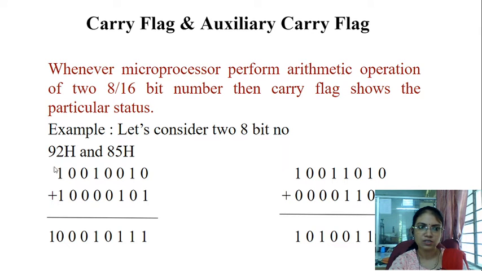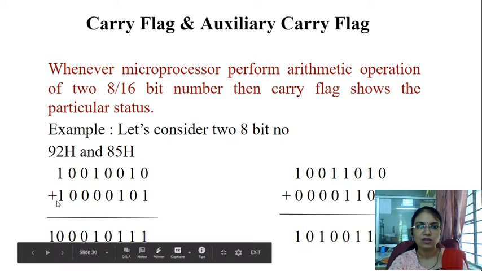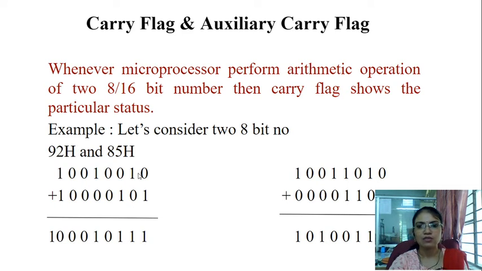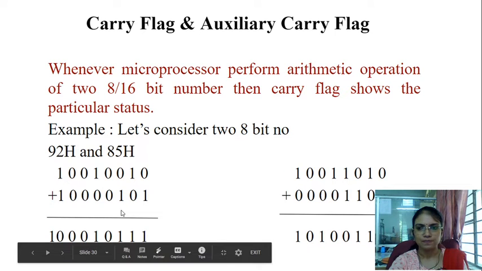We convert 92H into binary form, and similarly 85H is also converted into binary representation. After that, the microprocessor adds these two numbers with each other in the arithmetic and logical unit. These two numbers are added in the ALU.